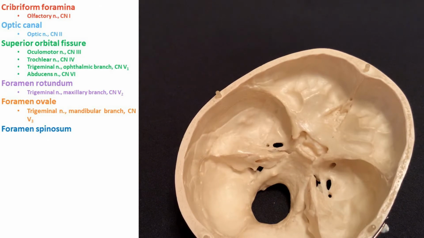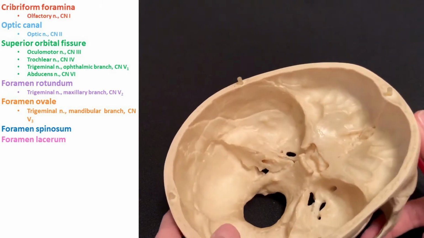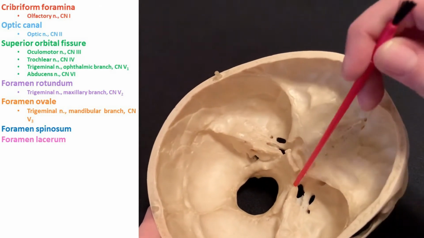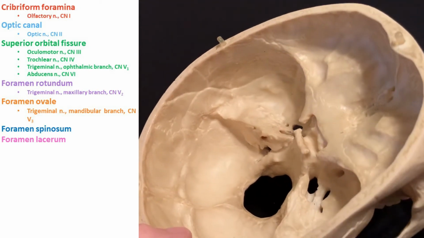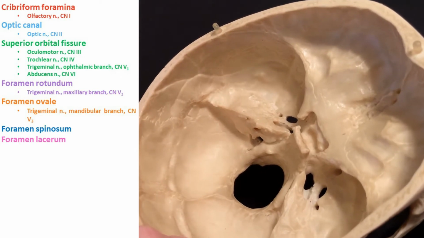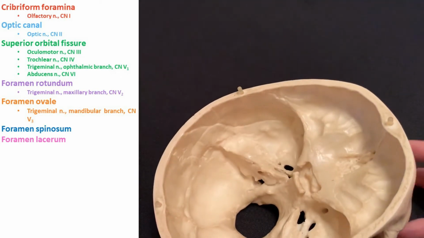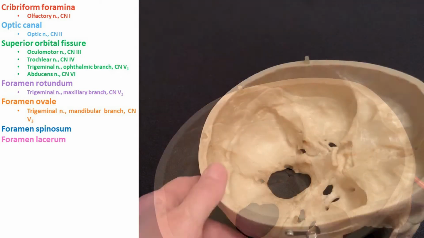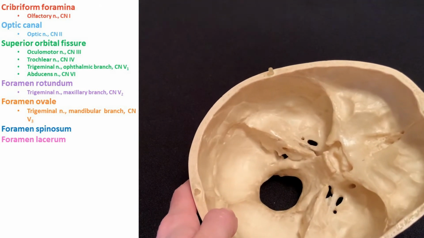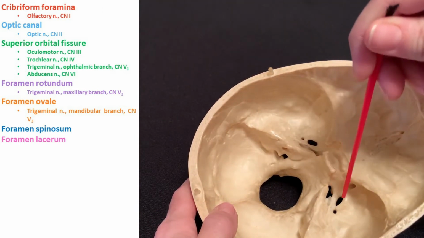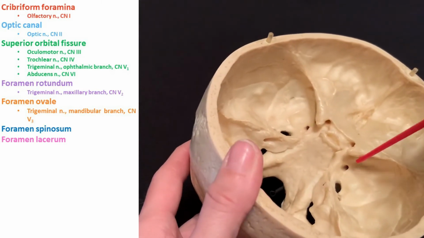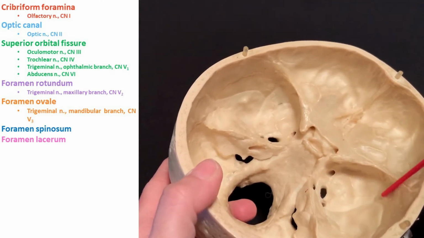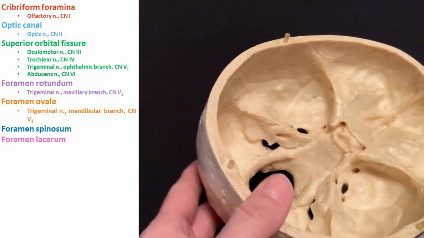Next comes the foramen lacerum, and the foramen lacerum is this kind of odd, irregular shaped hole that we can see just medial to the foramen ovale. So hopefully you've picked up on the fact that the foramen lacerum, spinosum, ovale, and rotundum are all present here in the middle cranial fossa.